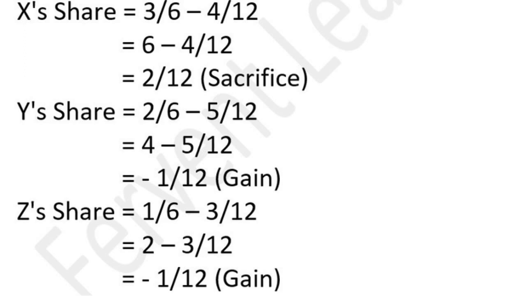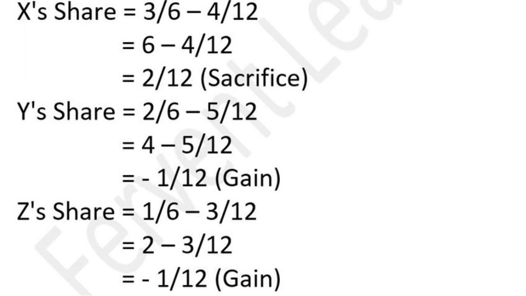So when we use the formula of sacrificing ratio and get a negative answer, it is considered as gain of the partner, not the sacrifice of the partner. Again I am repeating, if we are using sacrificing ratio and get a negative answer, it is considered as gain, not sacrifice. So here Y is gaining 1/12 of his share.